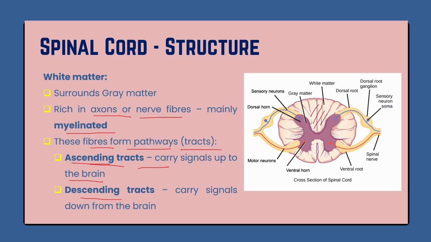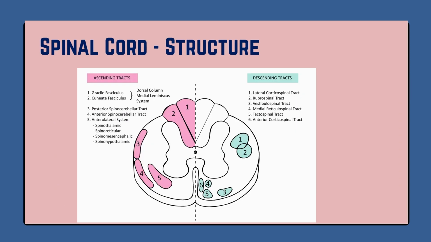Like I told you, the spinal cord is like a highway, and this is a two-way highway. One lane is the ascending tract, which takes signals up to the brain. The second lane is the descending tract, which takes signals down from the brain.